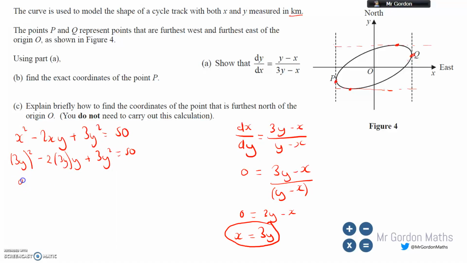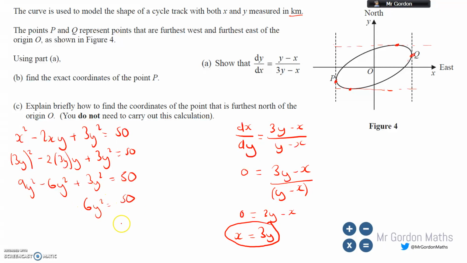So I'm going to get 9y squared minus 6y times y is y squared, in that middle term, plus 3y squared. This looks nice. It's all y squared, so this was actually quite a lot easier than I thought it was going to be. 9y squared minus 6y squared plus 3y squared is going to end up with 6y squared equals 50.